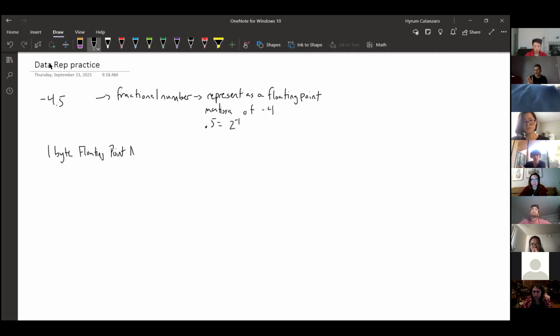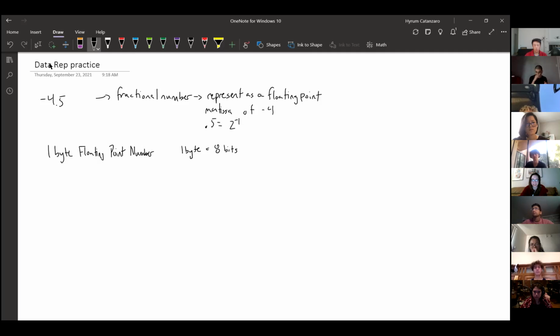How many bits are in 1 byte? I'm going to ask you guys a lot of questions here. 8. Okay. And someone other than Neil now, tell me. How many of those 8 bits do we want to use for a mantissa, which is the non-fractional part, and how many bits do we want to use for the exponent?